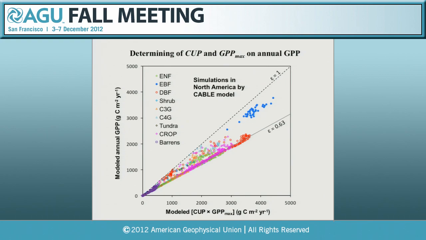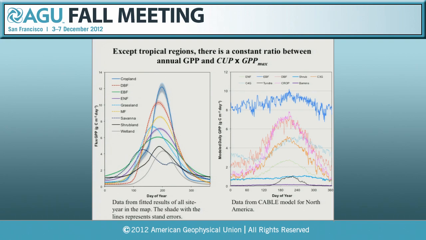We lumped all those data and model results together against the different biomes. The tropical forest is in this region, and it's understandable as an outlier because its seasonality is not very clear. But for all other biomes, as long as the seasonality is clearly displayed, all fall on that line.